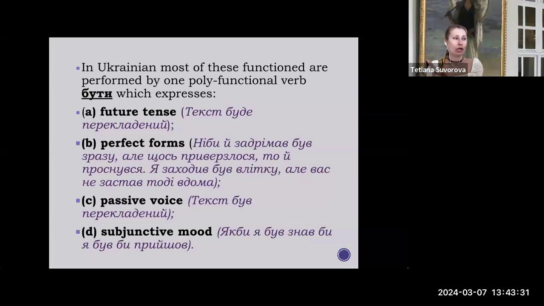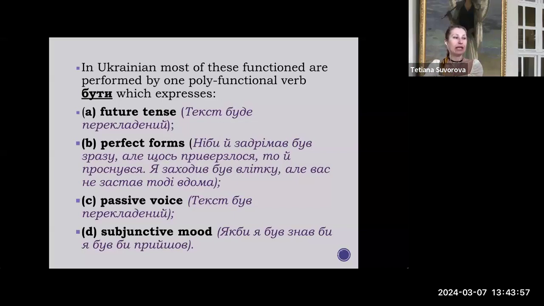So, the functions of the verb бути in the Ukrainian language are to express future, text буде перекладений, and perfect forms, ніби й задрімав був зразу, це був задрімав, так? So it is like in English, have fallen asleep. Yes, it is a perfect form.